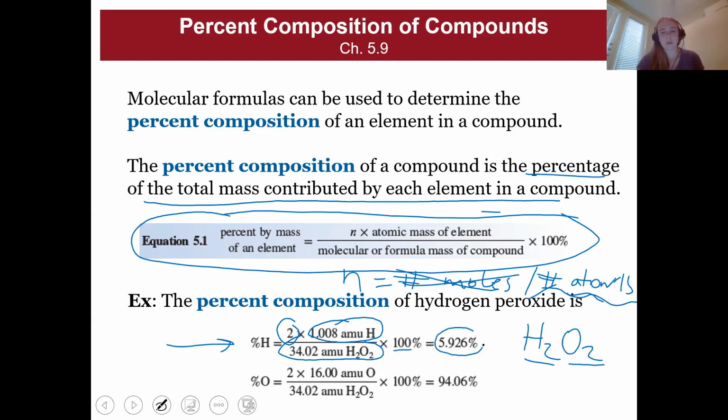So there is 5.926% hydrogen by mass. Percent composition is almost always going to be written as by mass, at least in our course. So there's 5.926% by mass of hydrogen in hydrogen peroxide. And what about the oxygen?